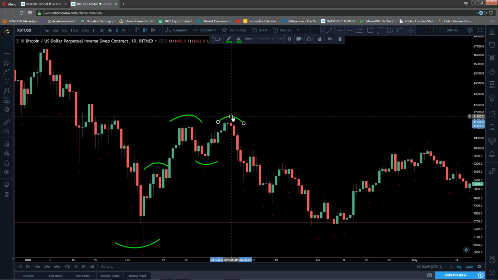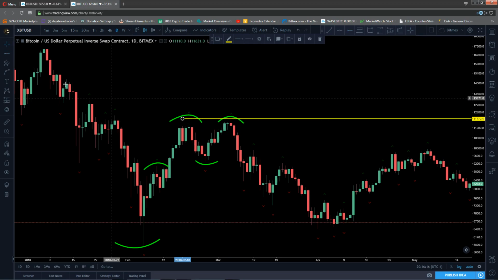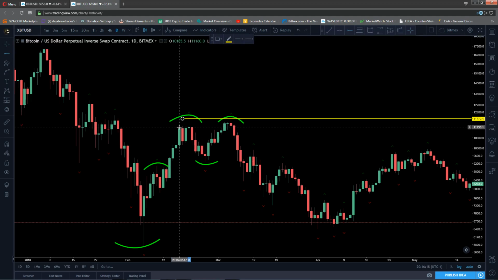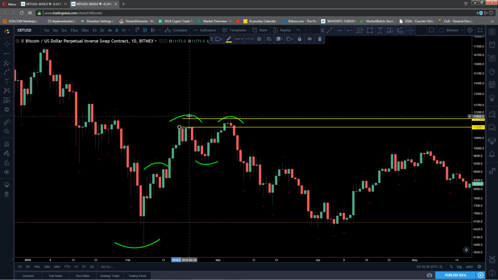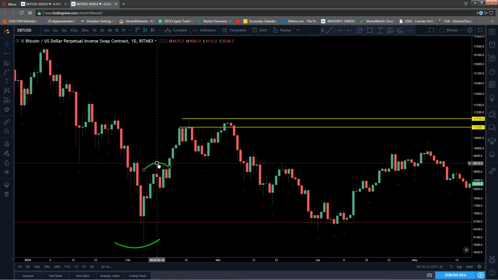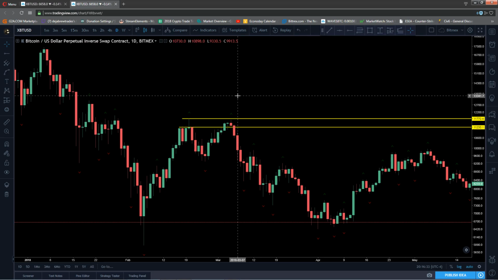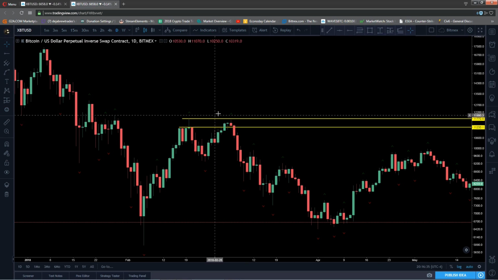It actually makes a double top. So if we took our price level tool here, the horizontal ray, and we put a resistance point on either the body or the wick, we can see that this swing high was not able to form a higher swing high. Price failed at that top and was no longer able to increase its lows and increase its highs. This is telling you that the trend is either weakening or it's completely failing.